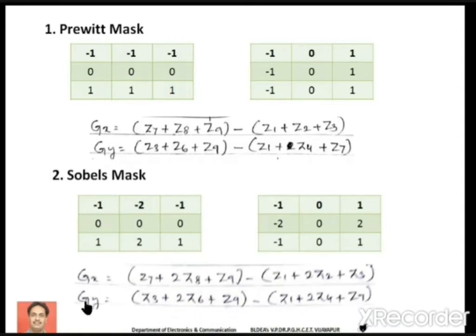Then similarly, gy can be calculated as Z3 plus 2Z6 plus Z9, minus Z1, 2Z4, Z7.